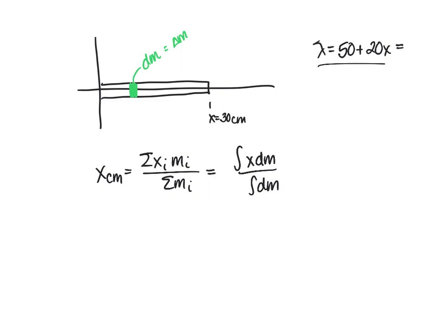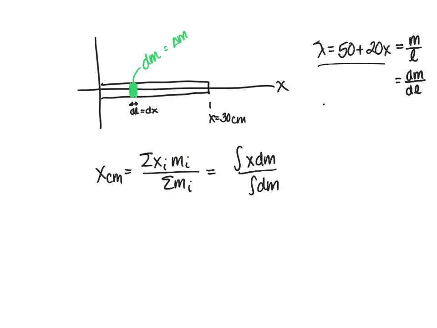This lambda is a measure of mass over length, but we can also think of it if we have a little piece of length, dl, we can say we have a little bit of mass dm. In this problem, this little piece of mass also has the length of dx, which makes more sense because it's along the x-axis, so it's just a little sliver of the object.